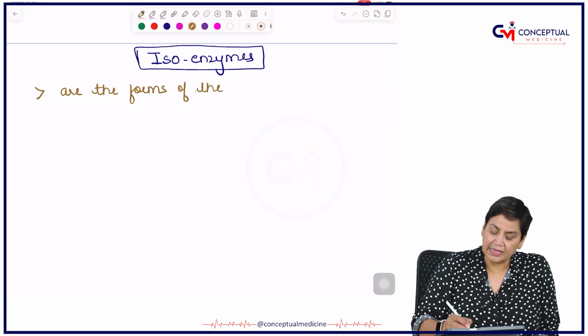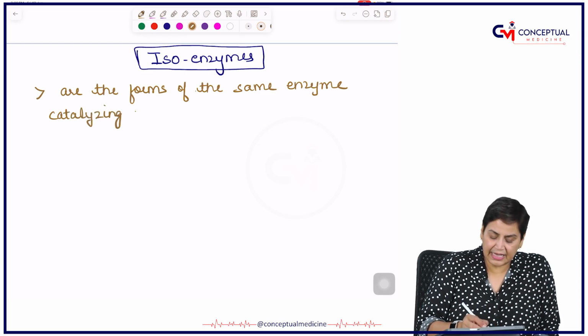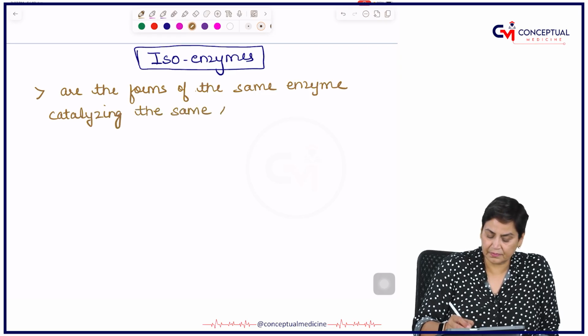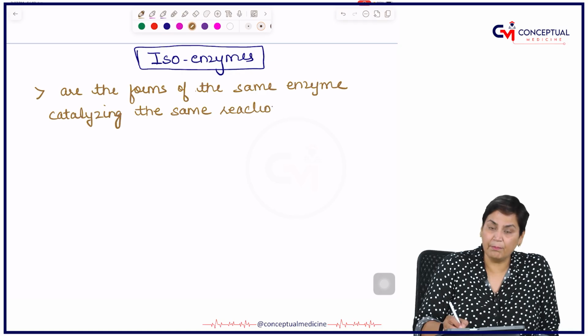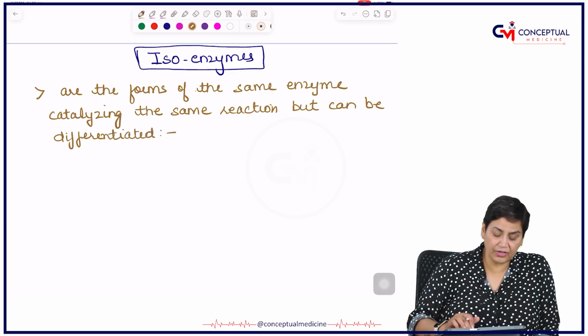of the same enzyme catalyzing the same reaction but can be differentiated on the basis of 3 points.